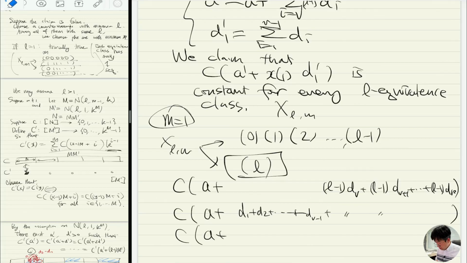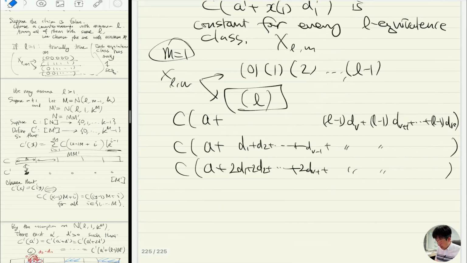If it's 2, and then same thing, right? Now we are comparing all these values. Are they equal? Why are they equal?